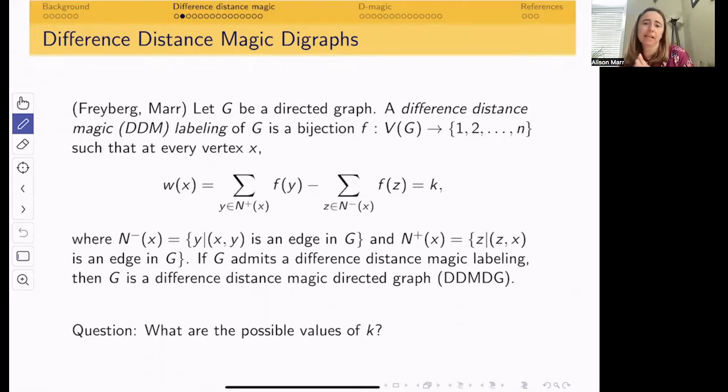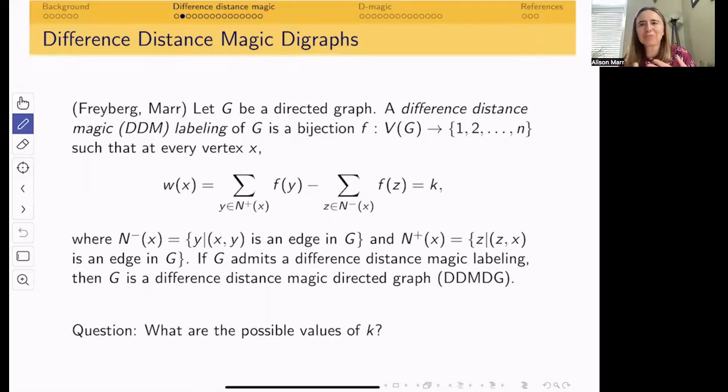And we want that to be the same magic constant across all vertices. If there is a distance magic labeling, then we're going to call this graph a difference distance magic directed graph, so DDM, DG, you'll see that. And we might talk about DDM as an abbreviation throughout this.